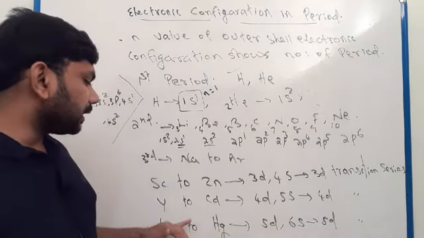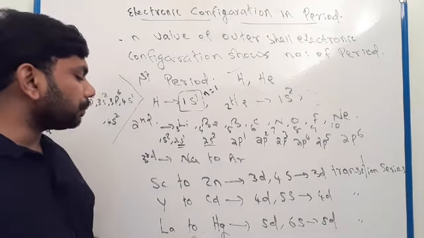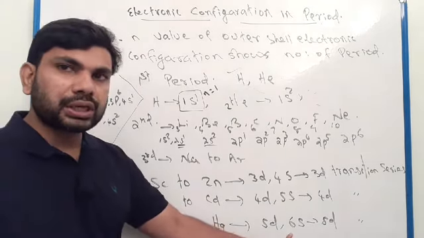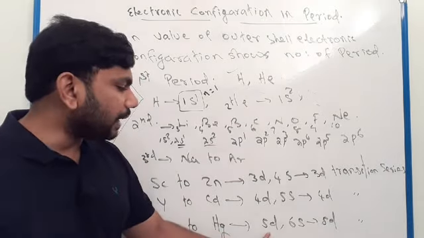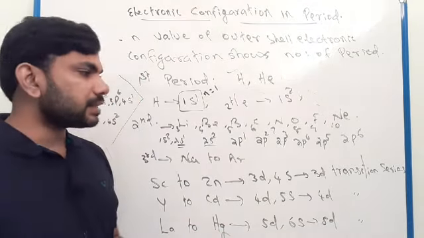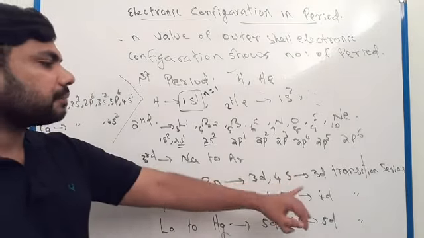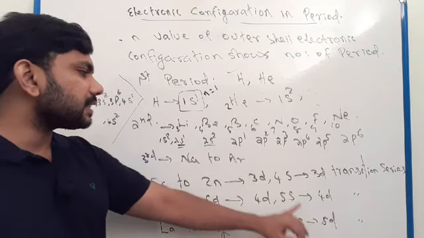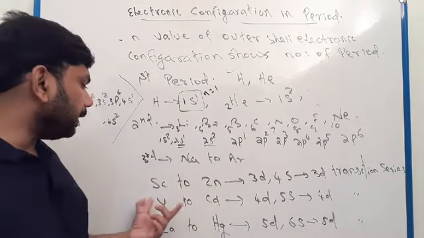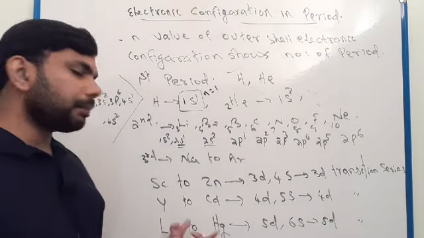After that, the next period in transition elements, lanthanum to mercury, has outer shell electron configuration 5d 6s. That's why these elements are called the 5d series. So there are 3 series in transition elements: 3d series, 4d series, 5d series. 3d means scandium to zinc, 4d means yttrium to cadmium, 5d means lanthanum to mercury.